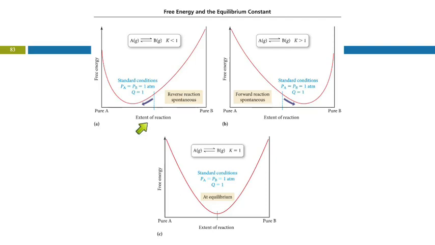So if we start in the middle with an equal amount of each component, that would be standard conditions, because you'd have a partial pressure of 1 atmosphere for both of them, right? We start here with PA and PB equal to 1 atmosphere. Then Q is going to equal 1. And we're going to end up with a positive delta G. The reverse reaction is spontaneous.